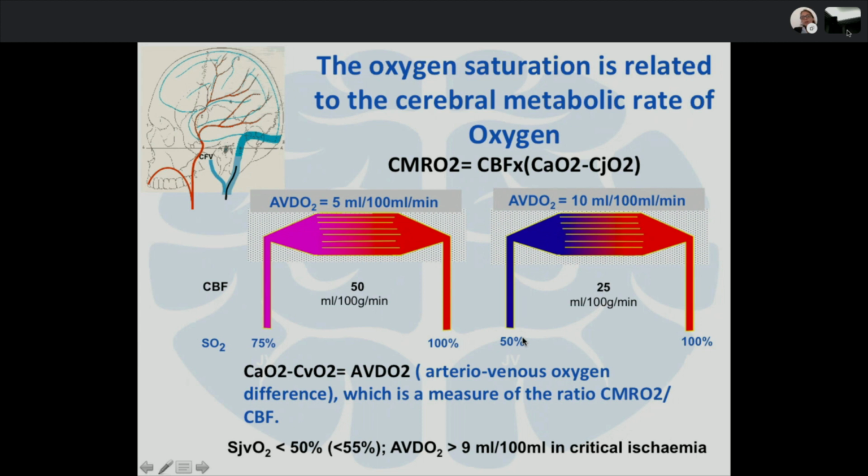According to the literature, a reduction of the saturation in the jugular bulb below 50-55% corresponds to an increase of the extraction of the brain, and it's the threshold which is related to the critical ischemia.